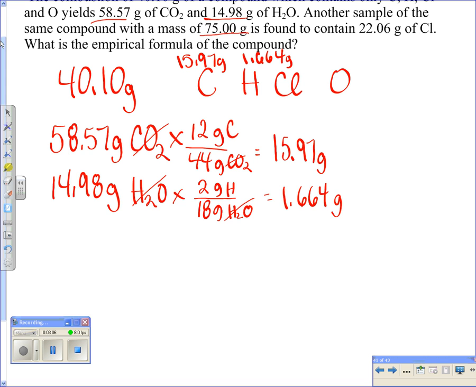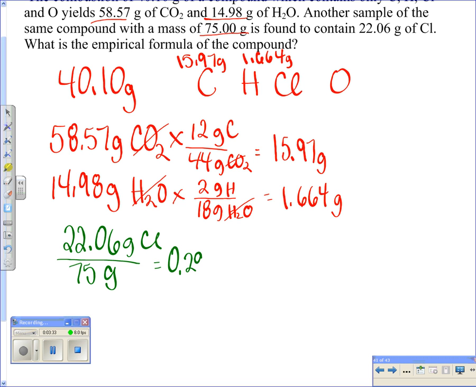I need to know in this compound what percent is chlorine. Well, this is pretty simple because in another sample of the same compound, 22.06 grams of chlorine to the entire compound, which was 75 grams. And so I just figure out the percentage, and if you divide that out, you get 0.294.